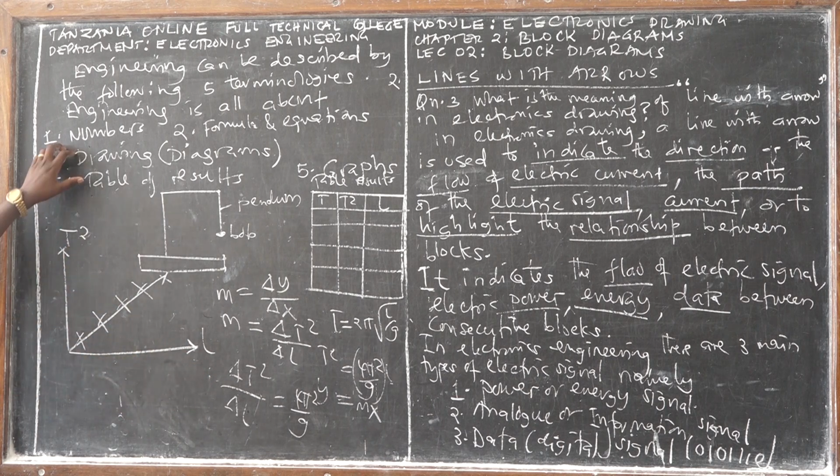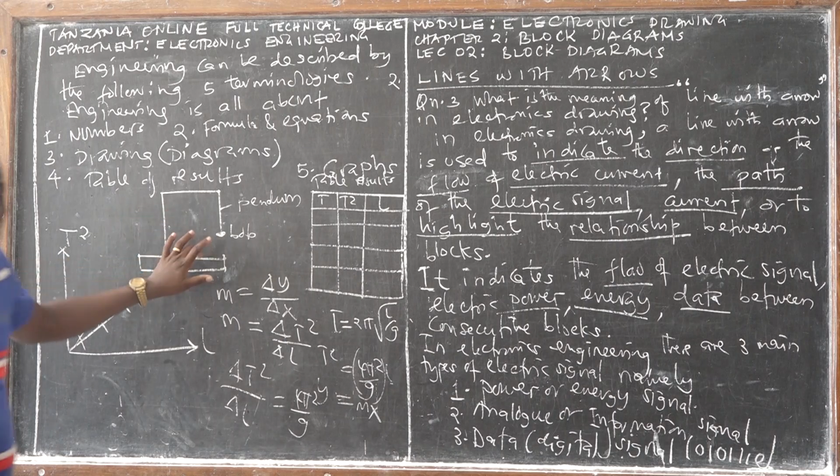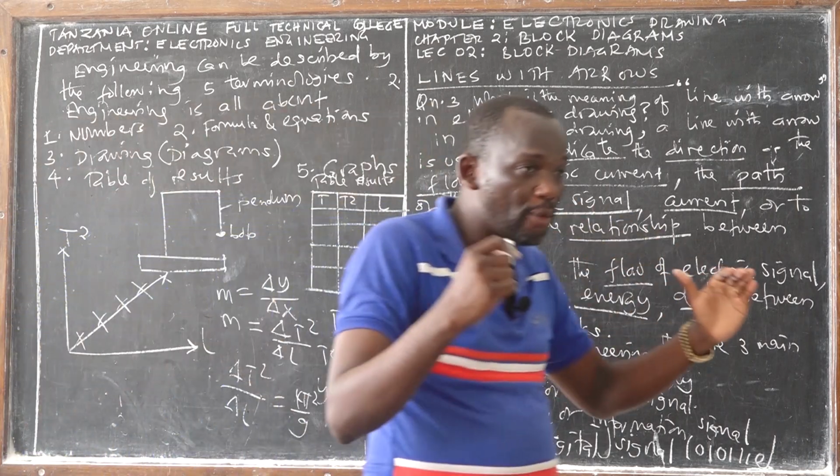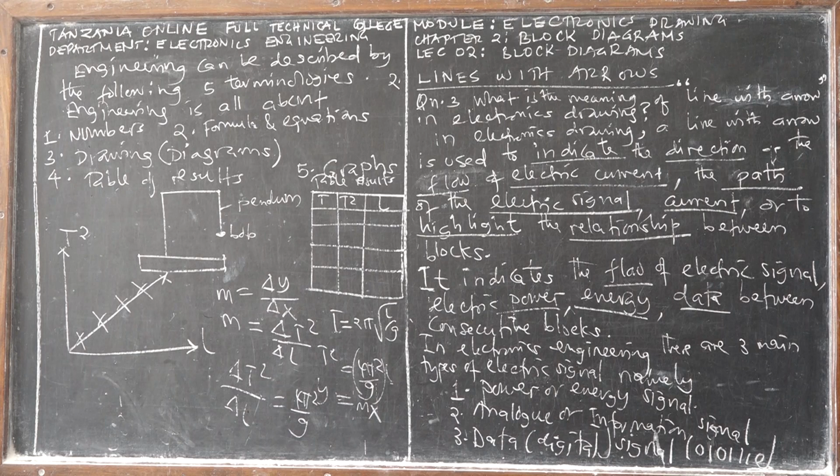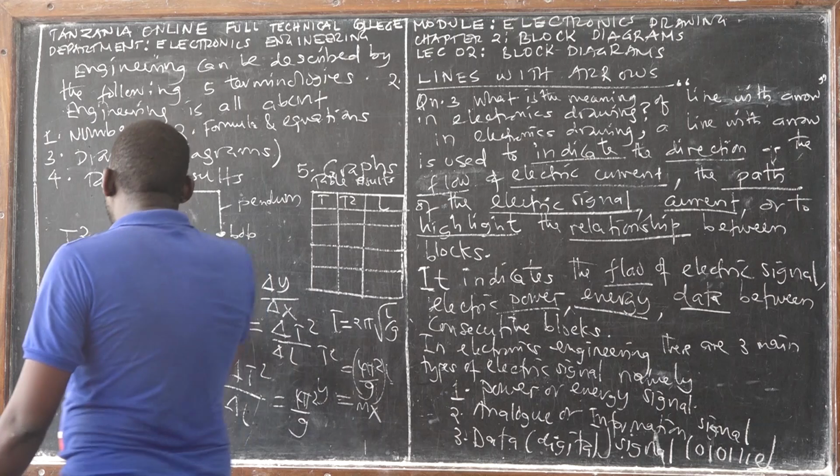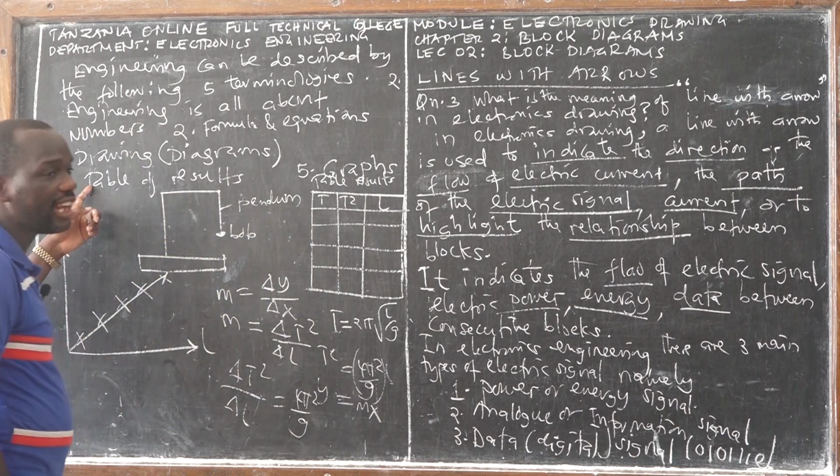And then we say it's all about drawing diagrams. So it will be simple for you to set up the experiment of the simple pendulum because you have the format, meaning you've been given a diagram or drawing that can help you set up. Then we say engineering is all about tables of results.